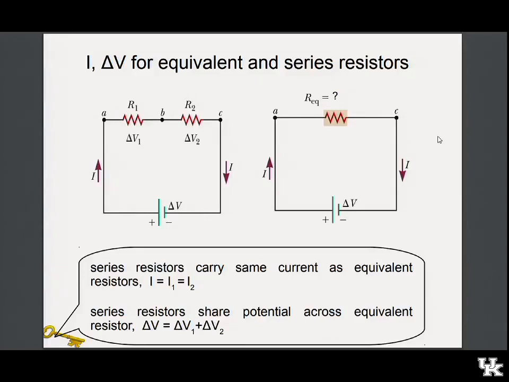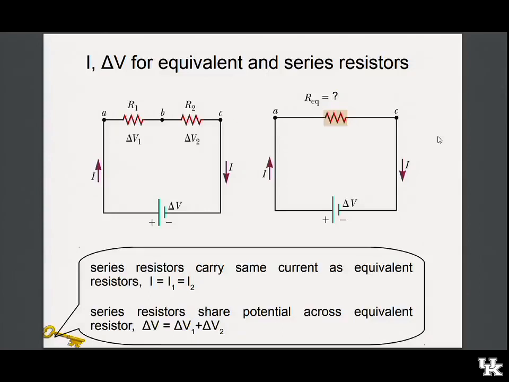Firstly, resistor R1 and resistor R2 have the same current flowing through them, and that's the same current that's flowing through the battery. So the currents through all the circuit components here, the battery, R1, R2, are all the same. That's a really key, important idea in understanding what's going on.